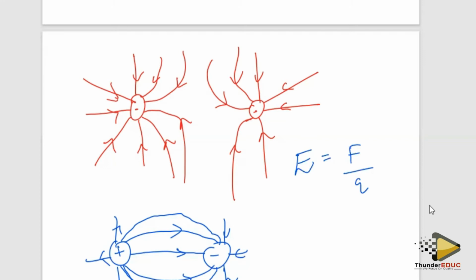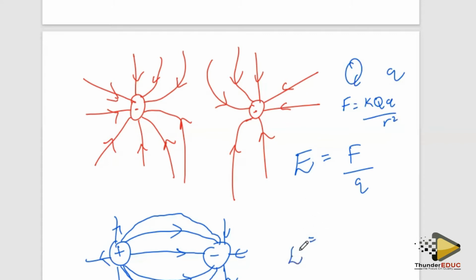Now if, let's say, we were to focus on the electrostatic force between, let's say, the big Q and then the small positive q. From Coulomb's law, we know that that will be K times Q, then times a small q over the distance of separation squared.